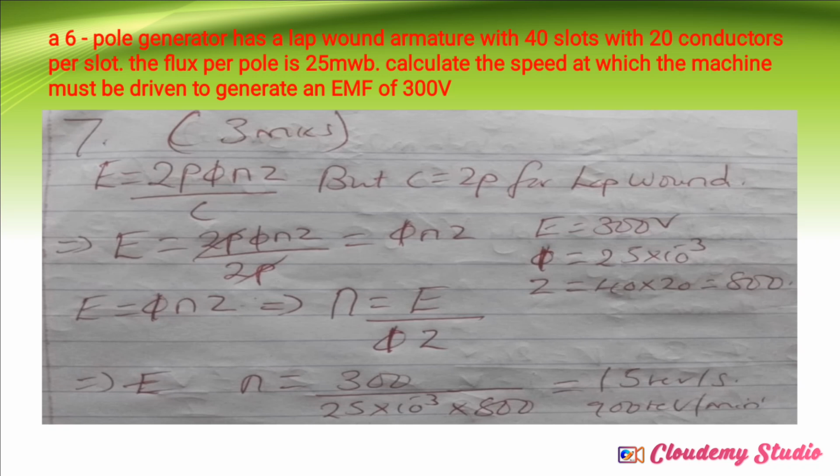Converted to revolutions per minute, it is 15 times 60, which is 900 revolutions per minute. You can just leave it at 15 revolutions per second, unless the question asks you to convert it to revolutions per minute. That's how the calculation can be done.